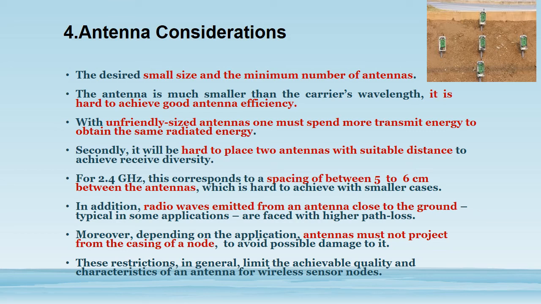We have to satisfy that distance. Another problem is that the antenna must not project from the case of the node. To avoid possible damage to the antenna, we have to place it inside the case of the node.